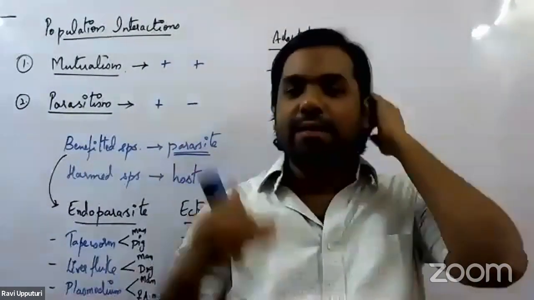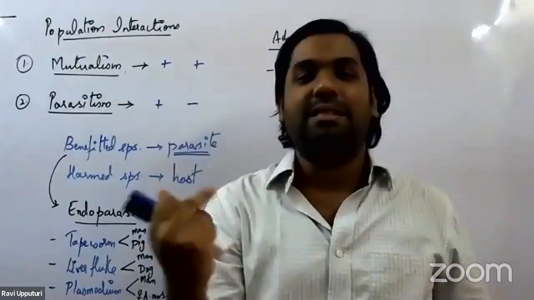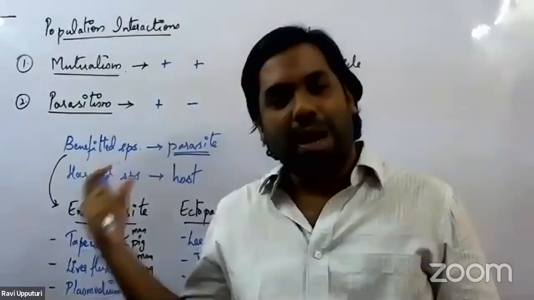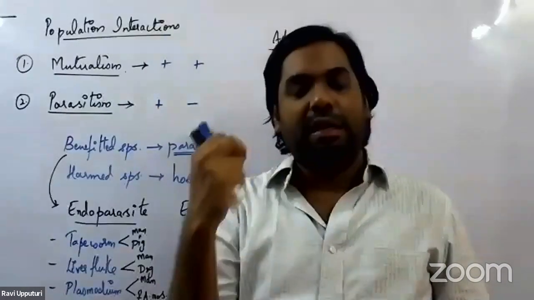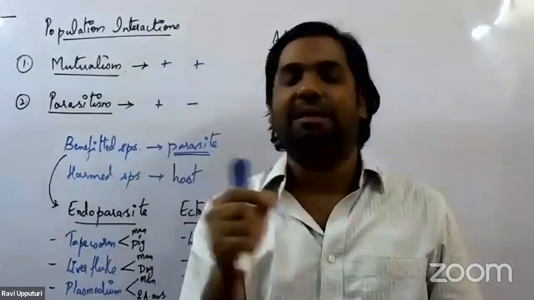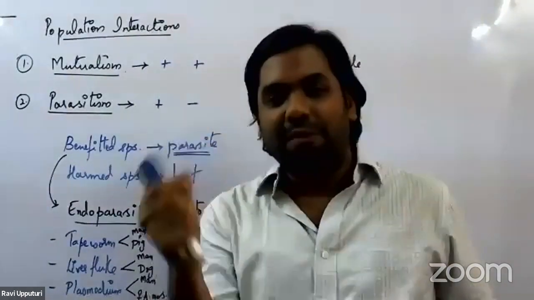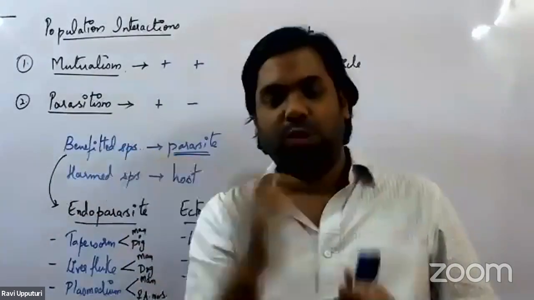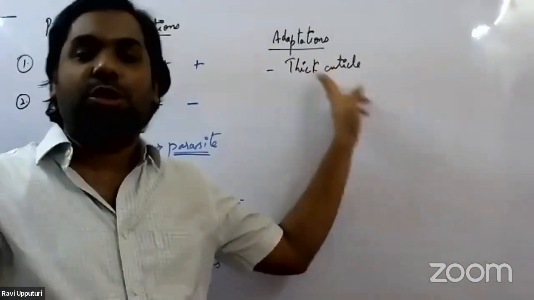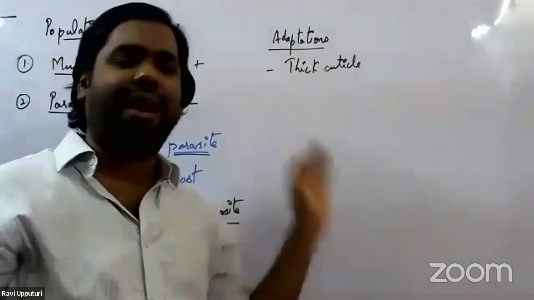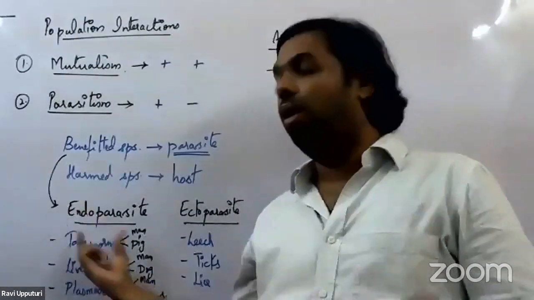Our intestine has several digestive enzymes being released during the process of digestion. So if this organism has to survive in the intestine, it has to be resistant to all the digestive juices which are being secreted by the intestine. To prevent that, they have a thick outer layer of the body, which we call a thick cuticle.